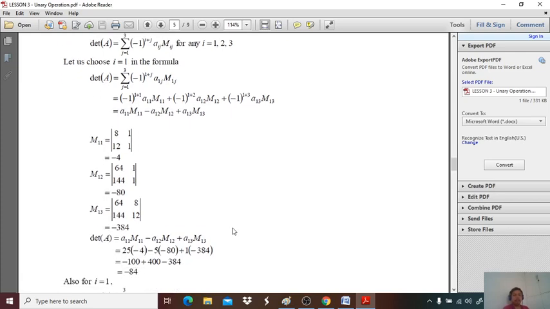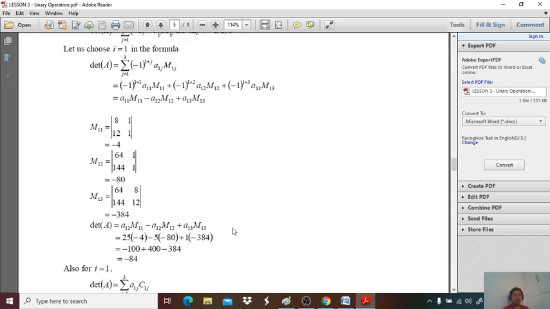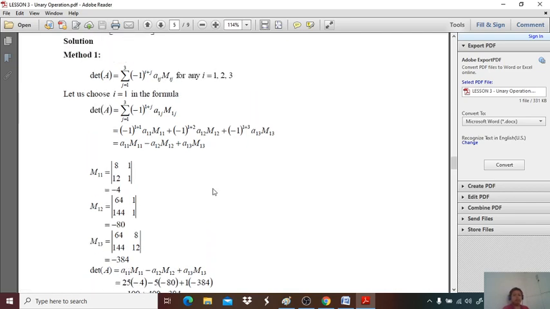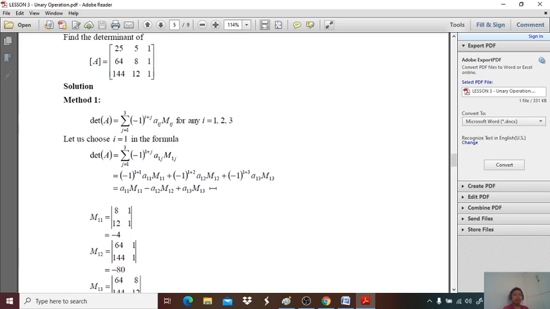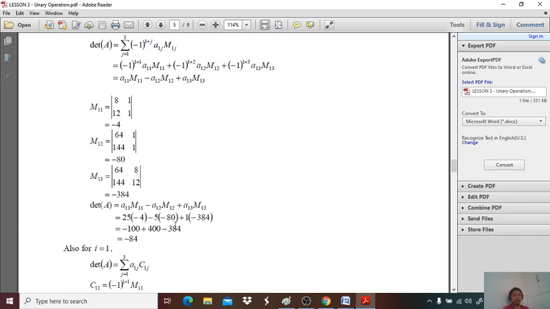So the determinant is just the summation of the entries times the minors. Since negative 1 raised to the 2 is positive, negative 1 raised to the 3 is negative, then negative 1 raised to the 4 is positive, we have to multiply A11, that is the entry in 1, 1, so here 25, 5, and 1.